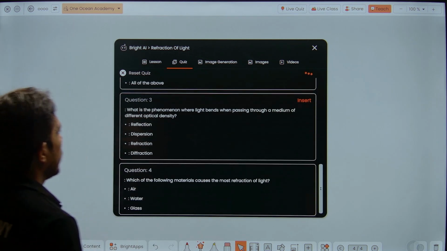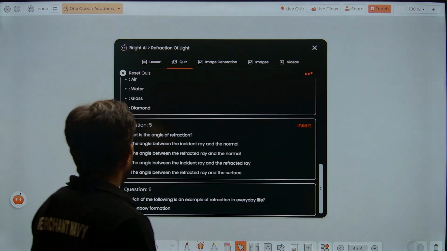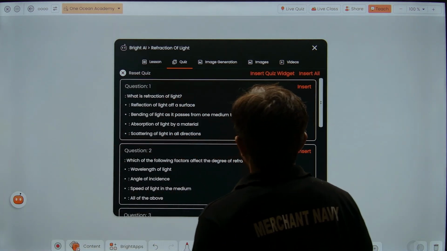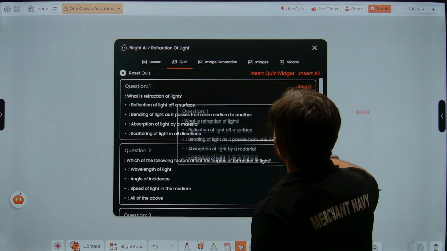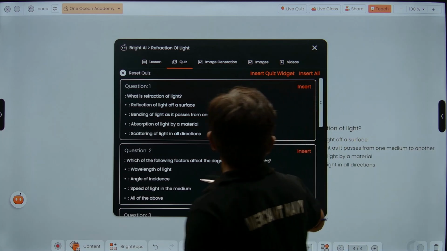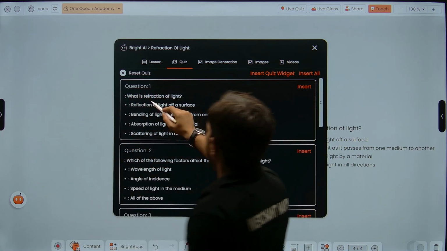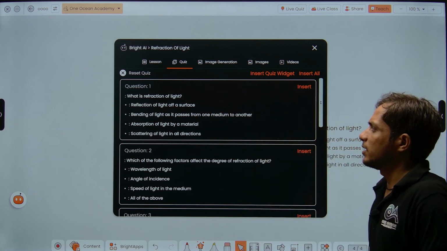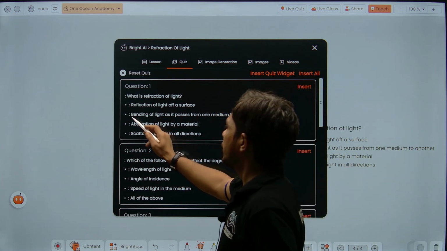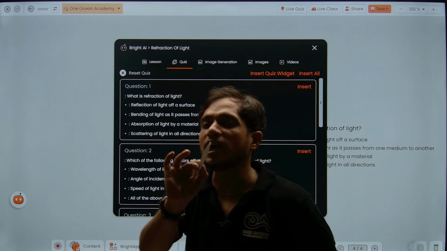So, here we can see that there will be various questions, as generated from the AI. The first question here is: what is refraction of light? We know that it is the bending of light.